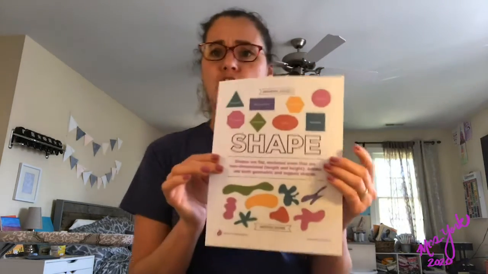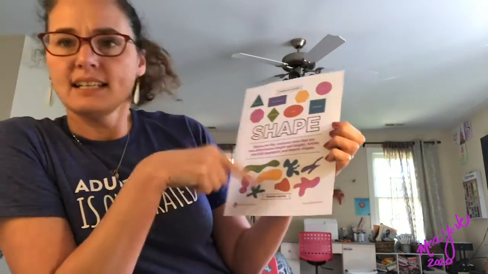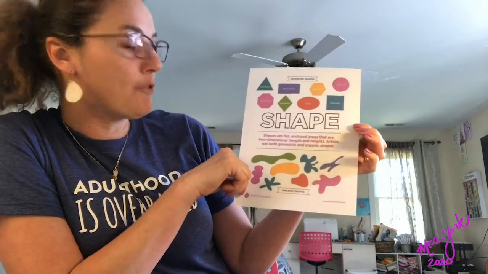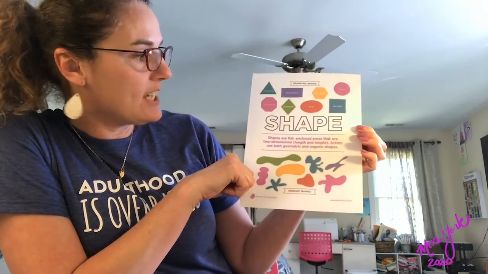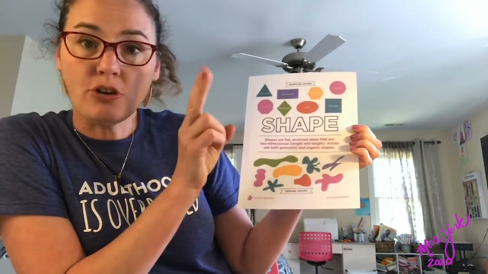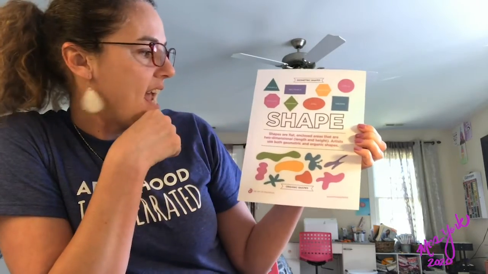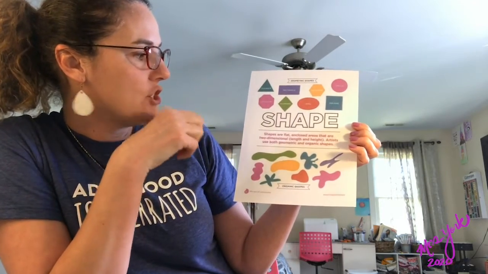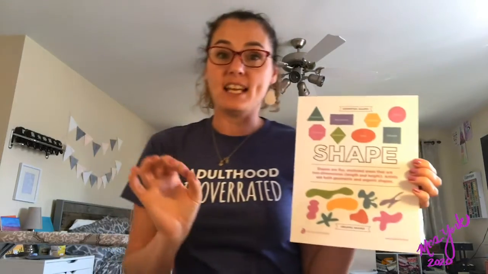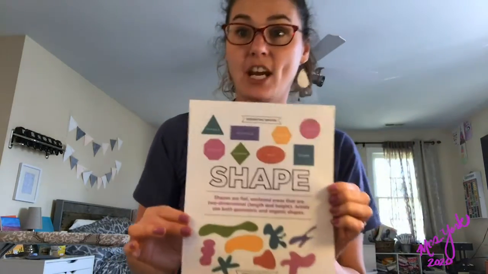Now, shape, we've been making shapes this whole time by using lines and putting them together. Well, when I look at this little poster here, shapes are flat, enclosed areas that are two-dimensional. That means that they're flat. Length and height. And artists use both geometric and organic shapes.